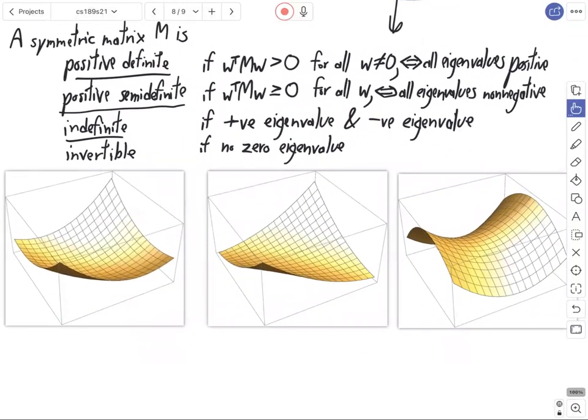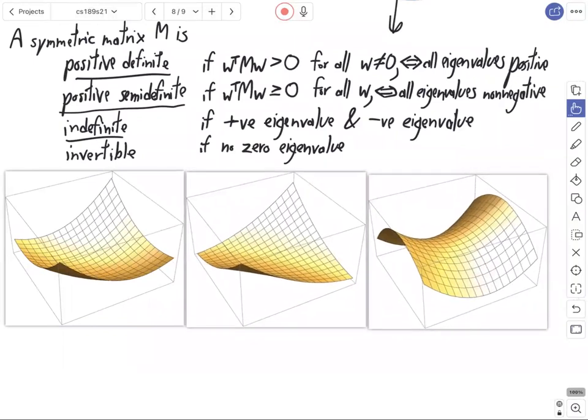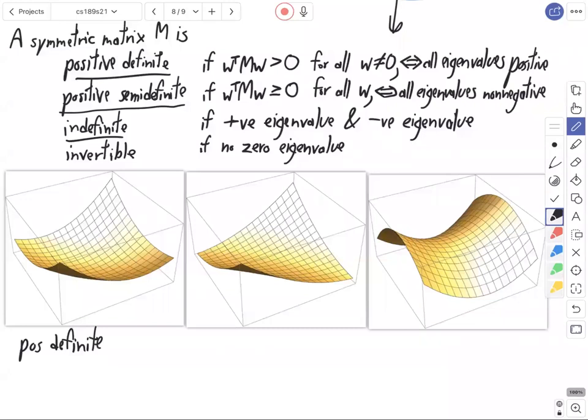So what we've got on the left is a positive definite matrix, which you'll notice by the fact that it's curving up, smiling in every direction. In the middle, we have a positive semi-definite quadratic form. And this quadratic form doesn't look all that different from the positive definite one, but there is a trough running down the center here where the vertical value, or W transpose MW, is the same everywhere on that line.